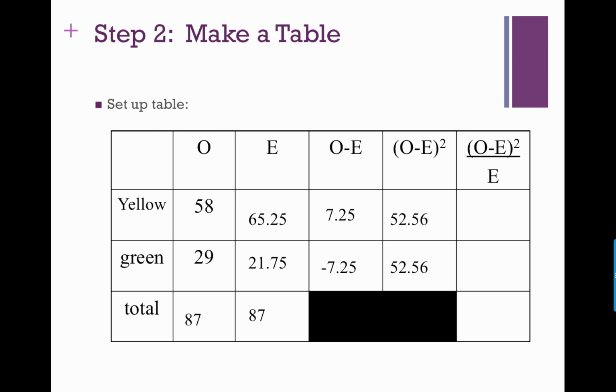Be really careful that you divide by the expected value. Notice I get 0.81 and 2.42. And when I sum those two together, that gives me a chi-square term of 3.43. That's the term that I'm going to use to compare to see whether or not my results are statistically different from my expected results.